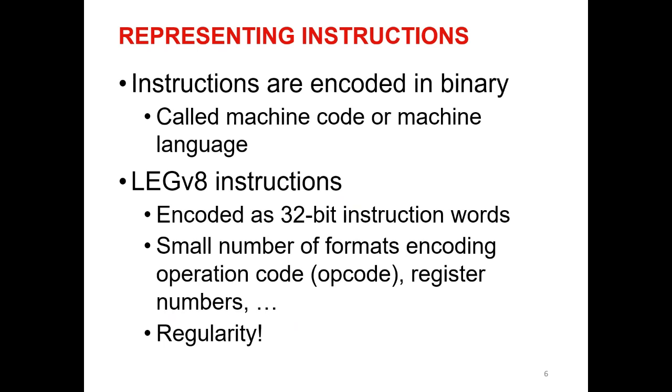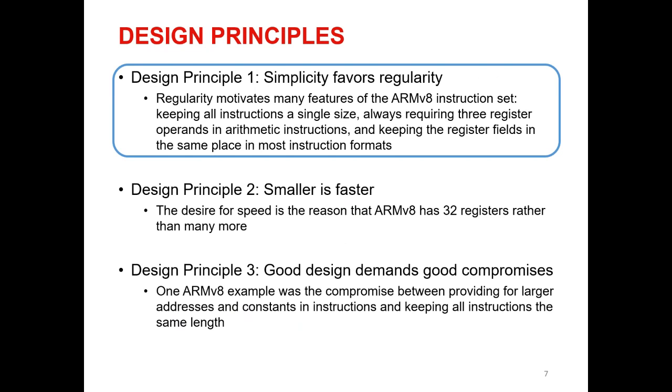The reason for having in LEG-V8 a very small number of instructions, and all of them having similar formats and a limited number of registers, is because of making things regular. Why do we want to make things regular? Remember, we have also seen one of the design principles, which is make things simple, because this helps to do things in a regular manner.